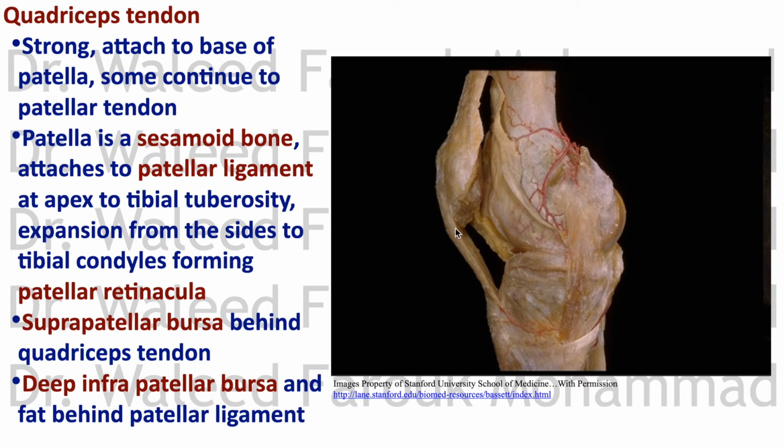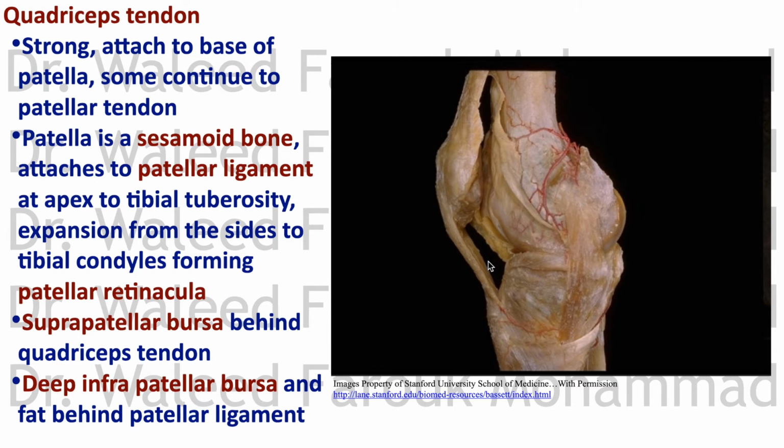Bursa, there are bursae around the knee. One of the bursae is the suprapatellar bursa. This is the suprapatellar bursa. So if in an exam and in a specimen of a knee, you're asked about this space, this is the suprapatellar bursa. The synovial membrane of the knee protrudes upwards in this area, and the articularis genu is attached to it. This is the suprapatellar bursa, deep to the quadriceps tendon.